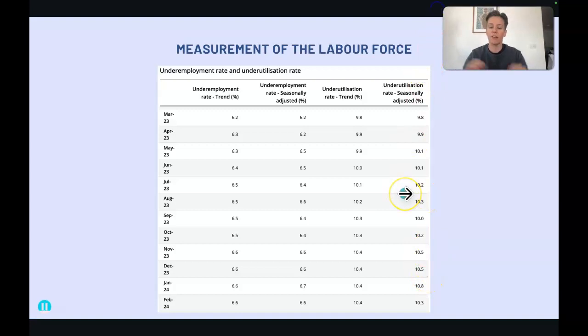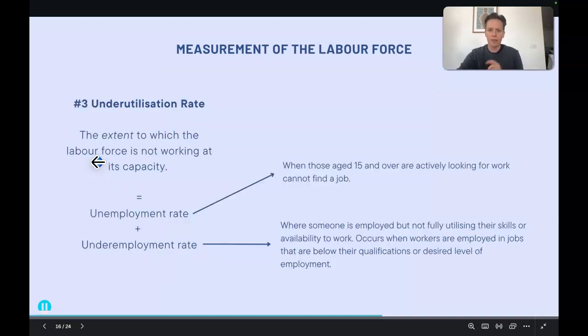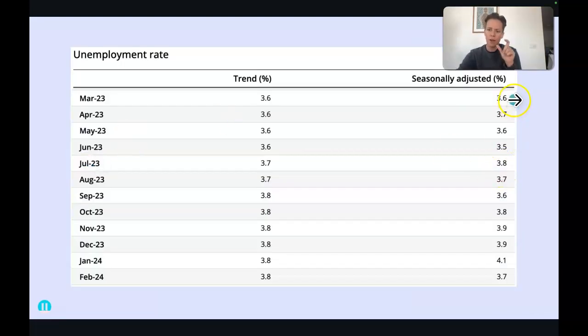So basically, we've got a situation where there are more people who are finding themselves with jobs, but unfortunately they're not working to their full capacity. And if you go back to the underemployment rate data, again, it's only a slight increase, but nonetheless it is increasing. So let's have a quick summary for a moment. We've got a slight increase followed by a decrease in the unemployment rate, just generally.